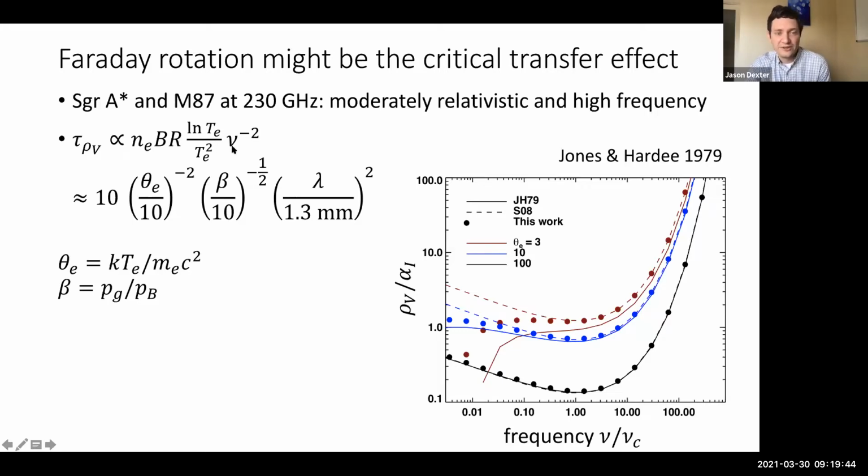It goes like nu, the observing frequency, to the -2, or lambda squared. And it has this temperature correction when you're in a relativistic plasma that tends to reduce the strength of the effect. Okay, but maybe one key thing to see here is that if you're at high frequency, this effect falls off as a power law in frequency, whereas absorption has an exponential type decay with frequency.